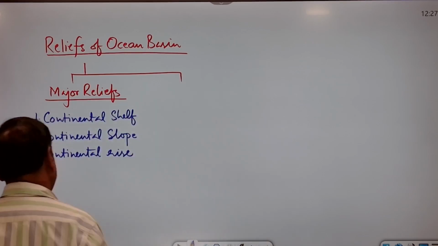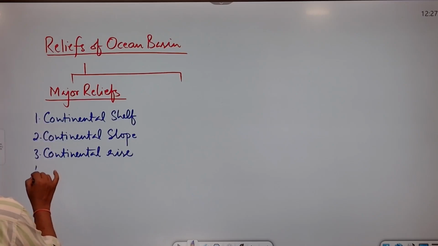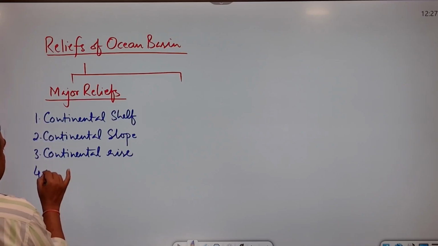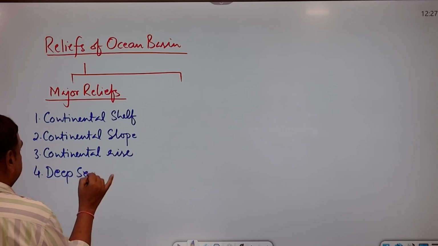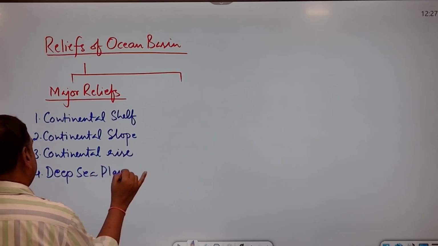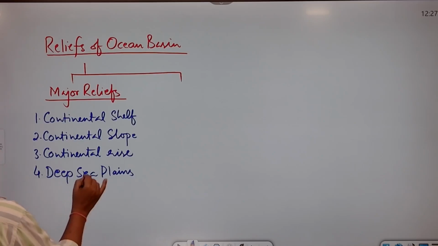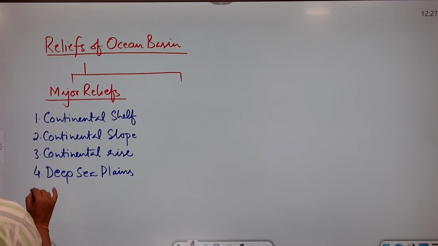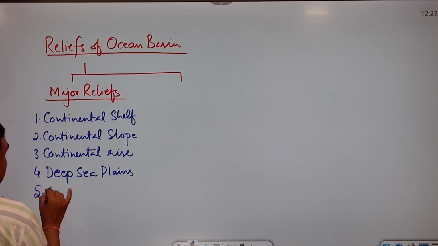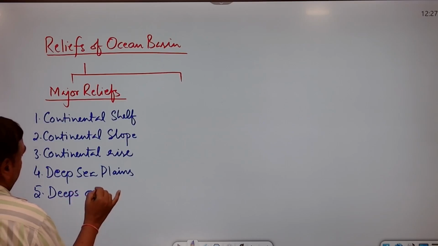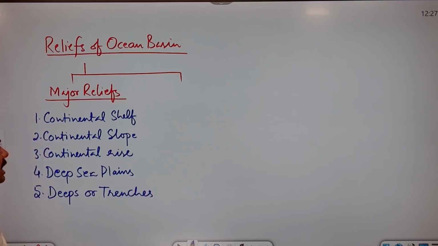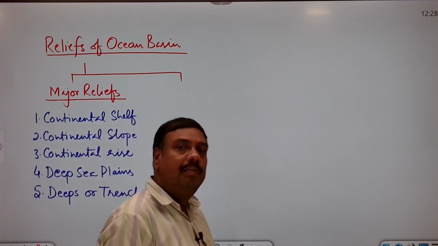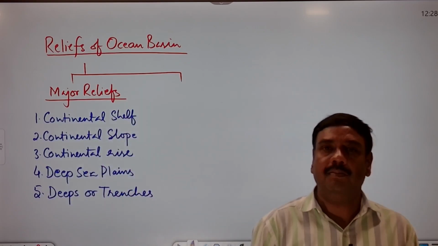The fourth you can write here is the deep sea plains, or you can call it abyssal plain also, we will see later. And the fifth is called ocean deeps or trenches. These are the 5 major parts under the major reliefs of ocean basin.